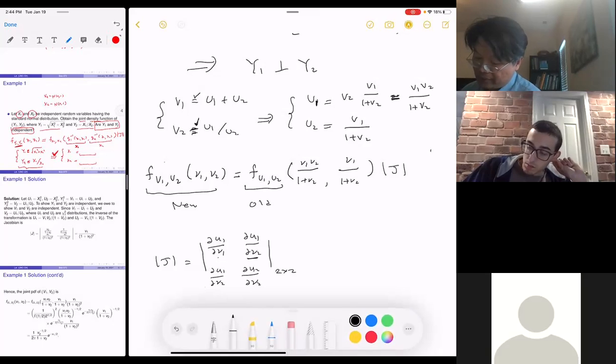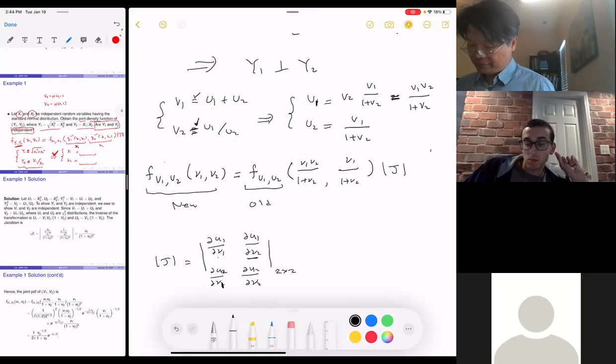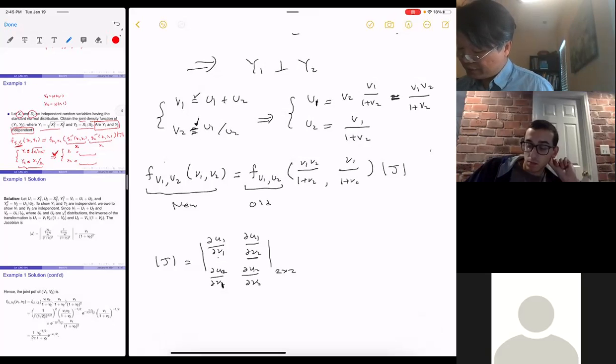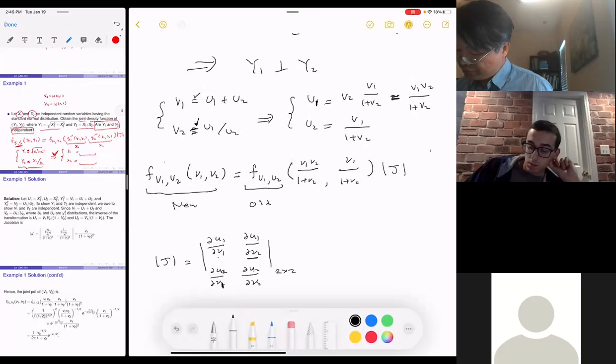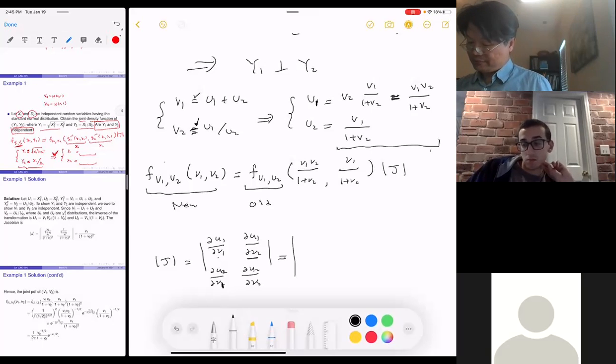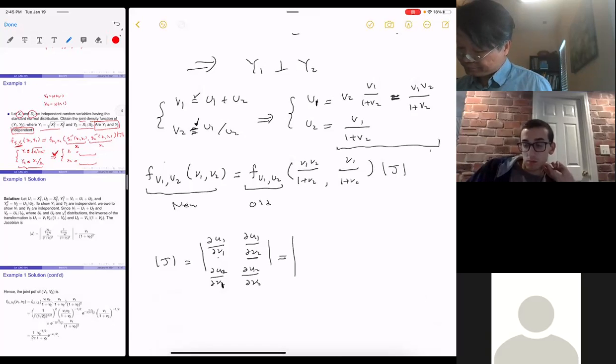Hold on, first row is U1 with V1, V2, second row is U2 with V1, V2. Okay, that's the Jacobian I'm looking for. Then because you do have that transformation right here, it's nothing but working on partial U1, partial V1 then.